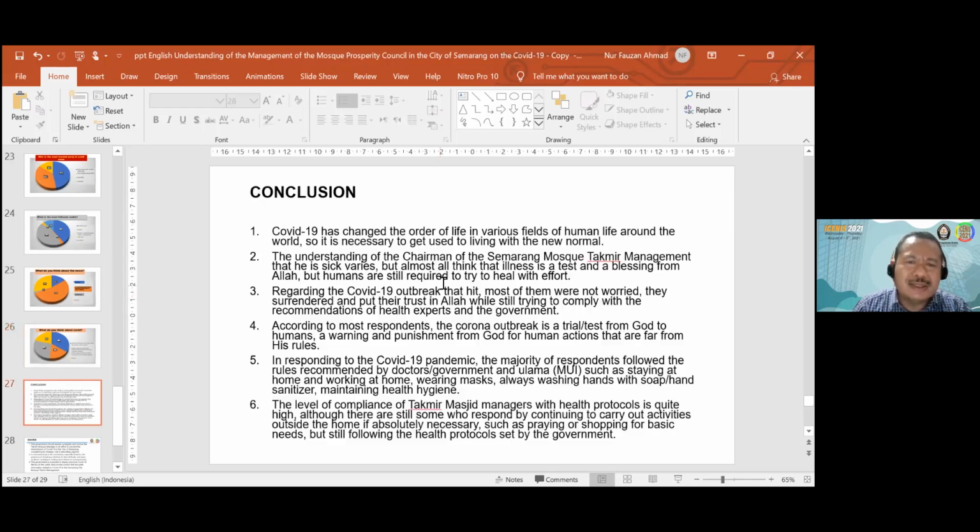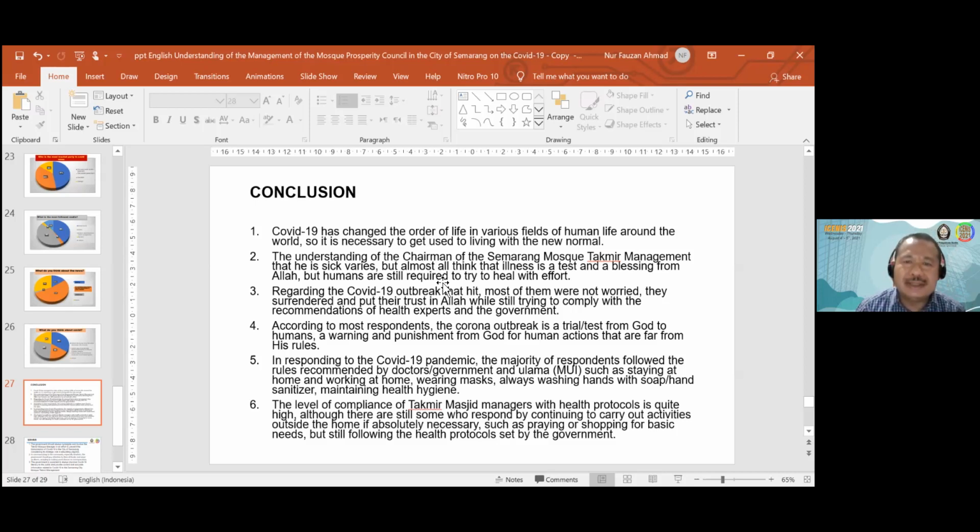This means that their level of compliance is quite high, although some respondents continue to carry out activities outside the home only if really necessary, such as worshipping or shopping for basic needs, but by following the health protocols set by the government.